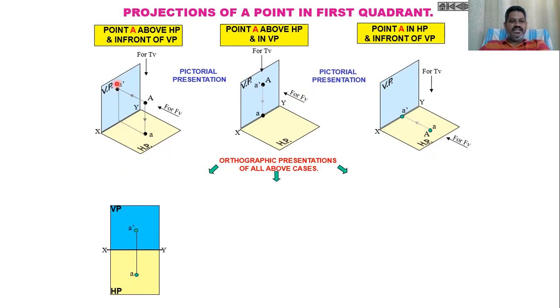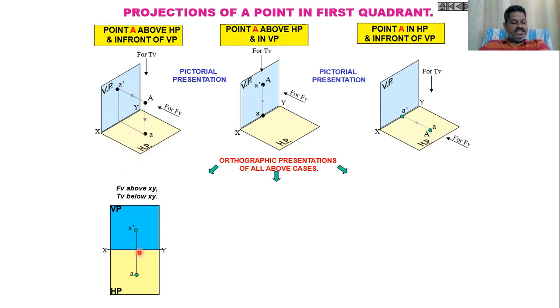In the first case, the point A is above HP, so the front view is above the XY line, as you can see the front view A dash above the XY line. Then the top view A will be below the XY line, since we are rotating the horizontal plane by 90 degrees from VP.